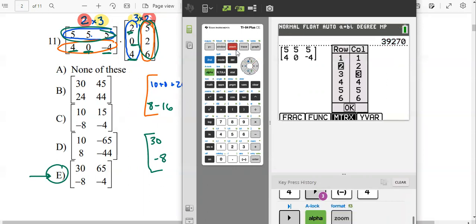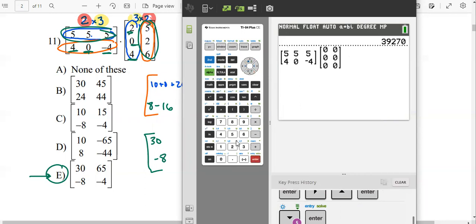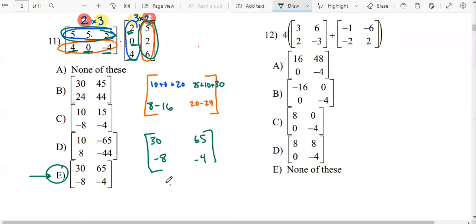Now we're going to multiply it by another matrix: 3, 2, 2, 5, 4, 6. And we get the same thing. So matrices, use your calculator. I want you to know how to do them, but the calculator is a great friend.